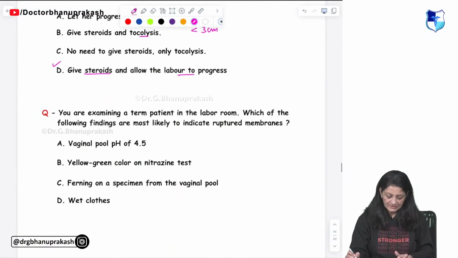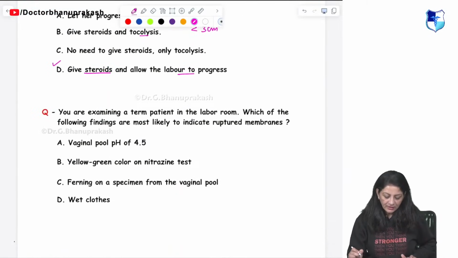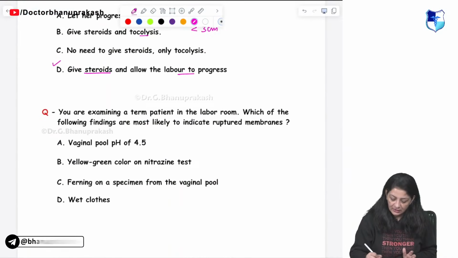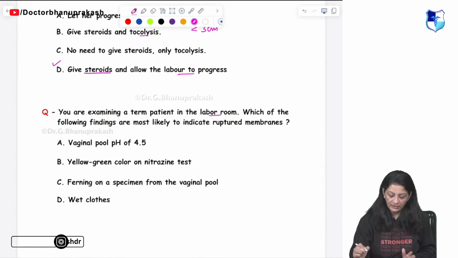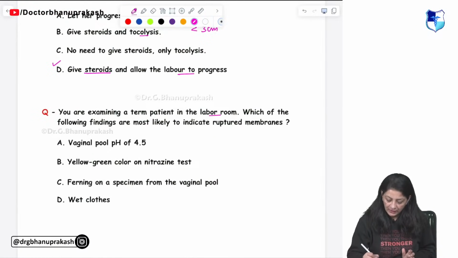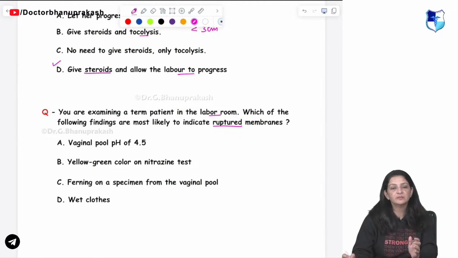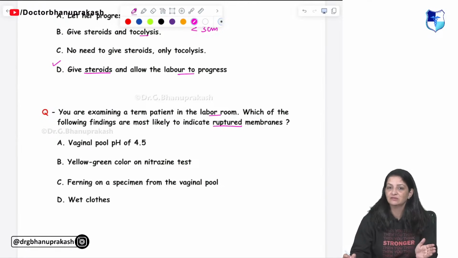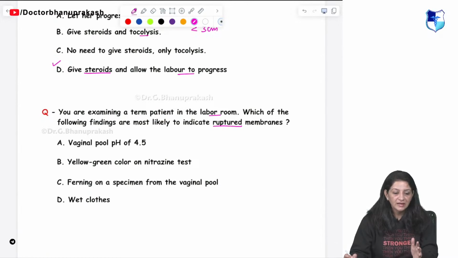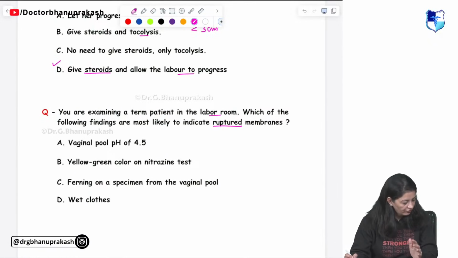Now, second one: you are examining a term patient in a labor room. Which of the following findings is most likely to indicate rupture of membranes? Premature rupture of membrane means the membrane ruptured beyond 37 weeks of gestation but before the spontaneous onset of labor.